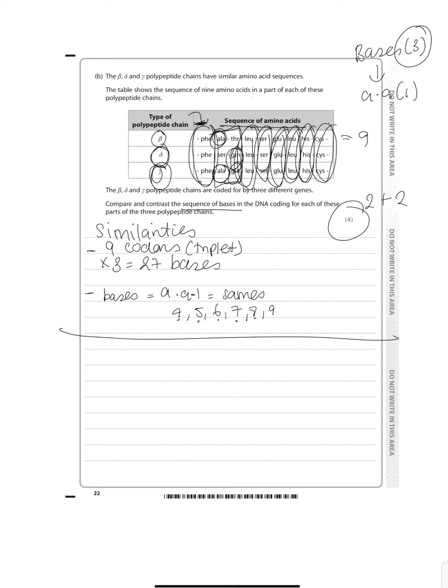So if you wanted to say that, then you would say beta and delta amino acid number 2 is the same, and you would say delta and gamma amino acid number 3 is the same. And so that would mean they would have the same triplet codons to code for the amino acid. So the same sequence of bases. Right, differences.